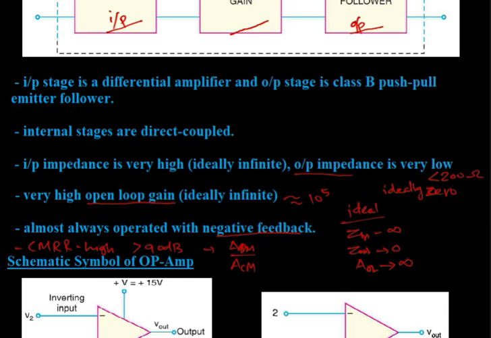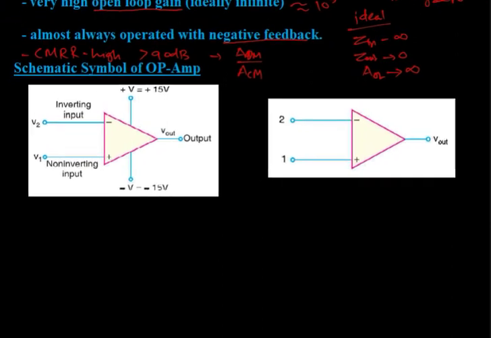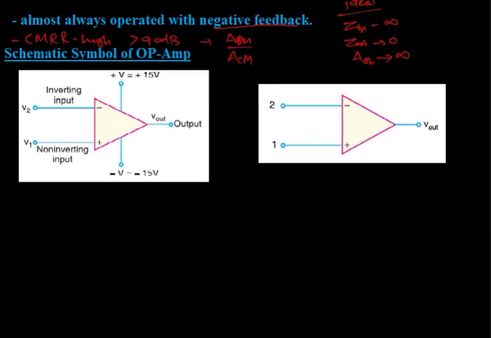Now let's see the schematic symbol of an operational amplifier. An operational amplifier actually consists of two input terminals, which are named the inverting input terminal and the non-inverting input terminal. They are represented by plus and minus. Plus represents the non-inverting input terminal and minus represents the inverting input terminal.